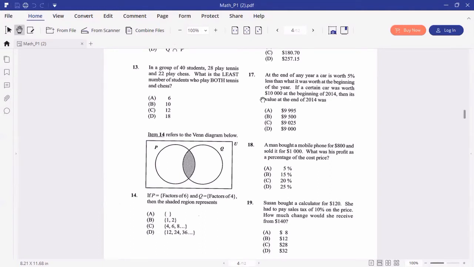Now this 10,000 represents the 100% value of the car. Now if it depreciates 5% every year, starting at the beginning of 2014, at the end, it will be worth 95% of its value. So I can find 95% of 10,000.